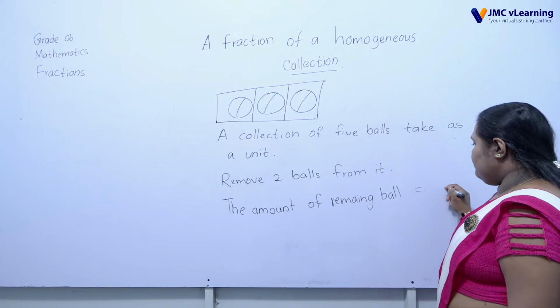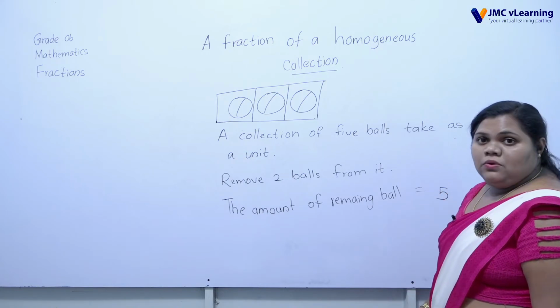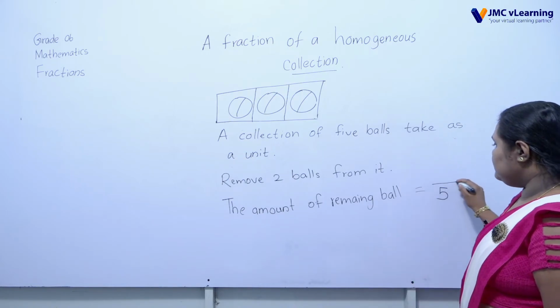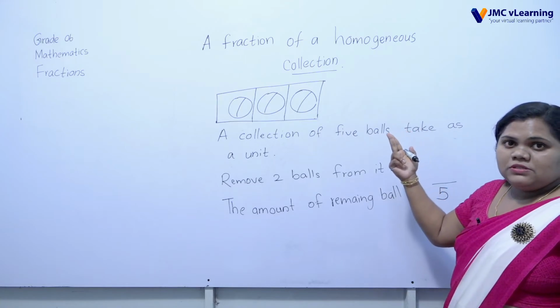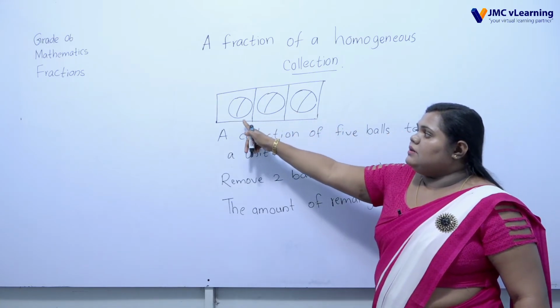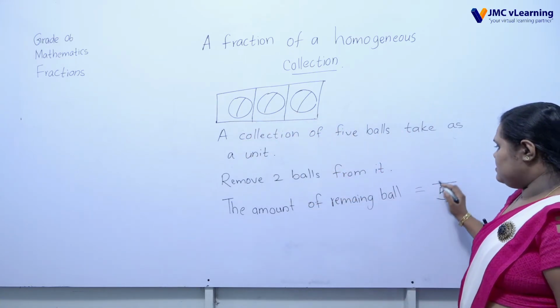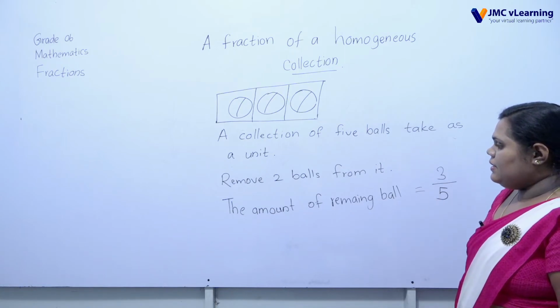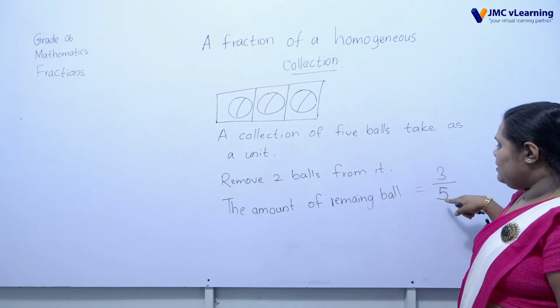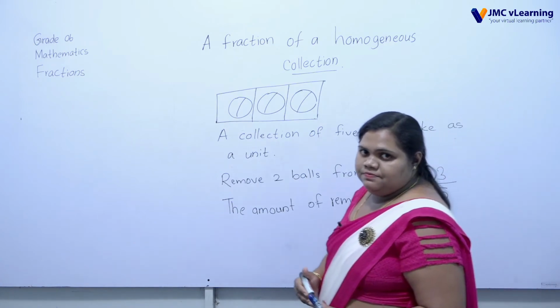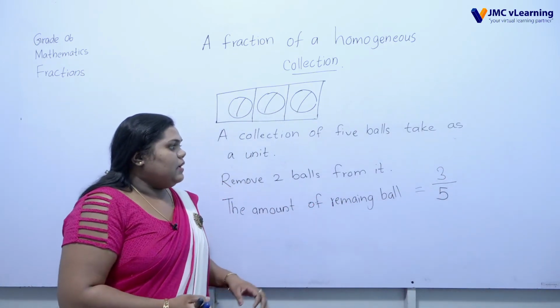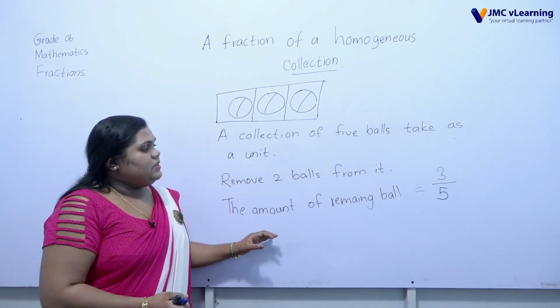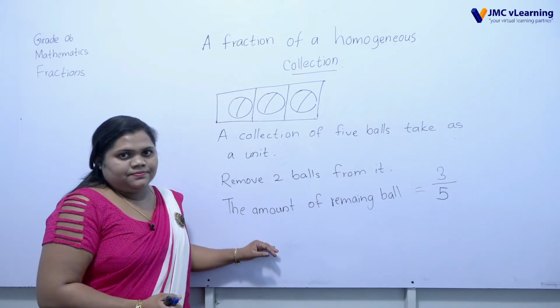Earlier there were 5 balls, no, and we removed 2 balls. It means now it has 3 balls. So how can we write the amount of remaining balls? 3 out of 5.